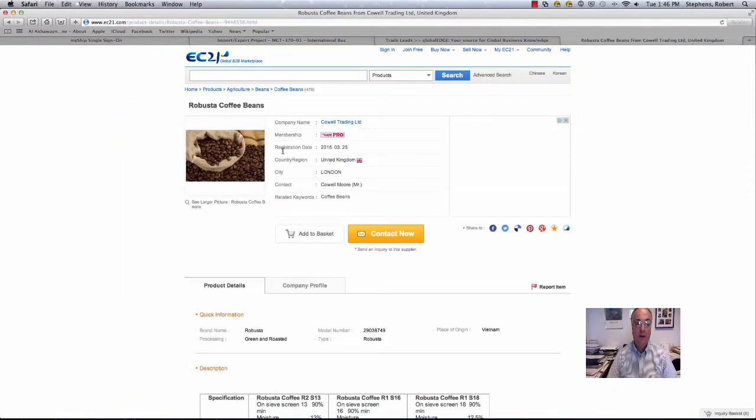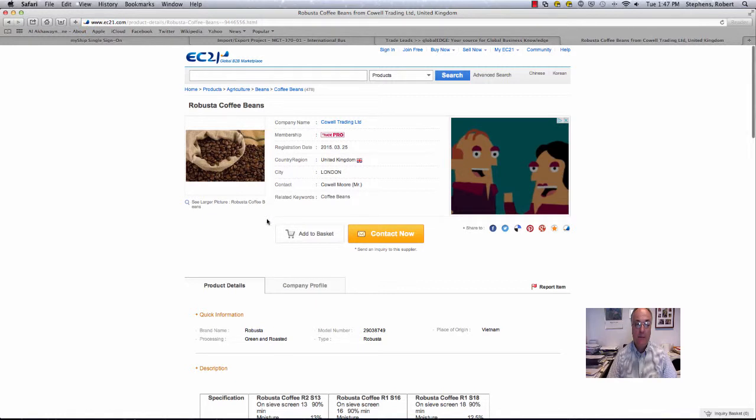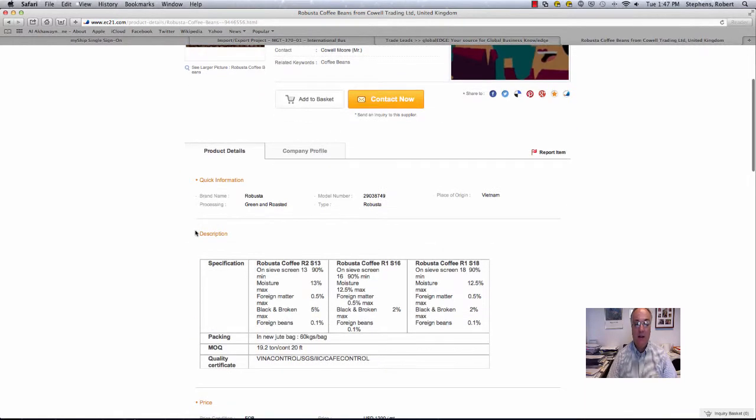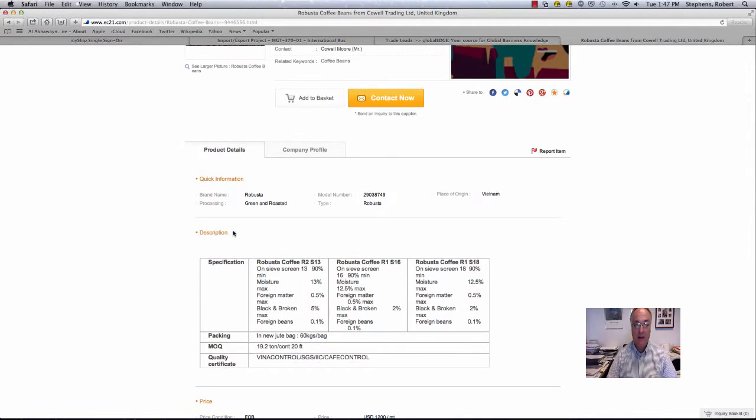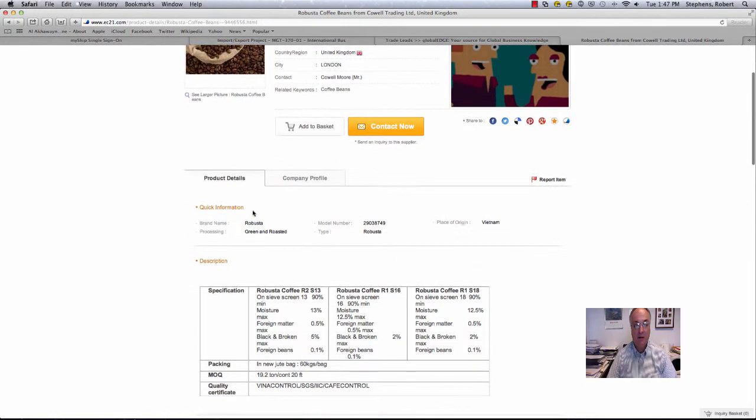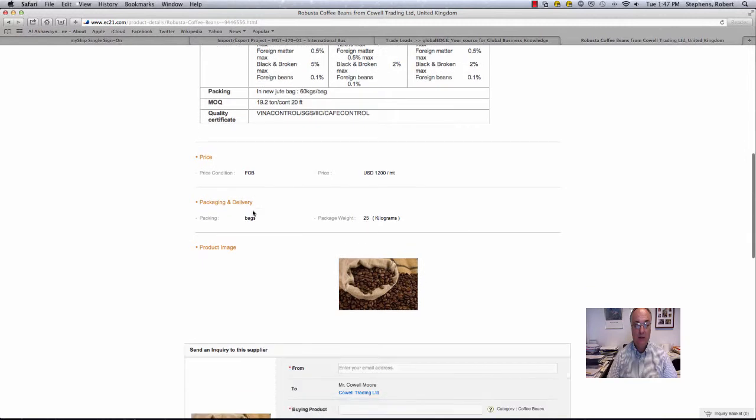And this one, the person is actually in the UK. It's a trading company in the UK that has these Vietnamese coffee beans for sale. Has the specifications here. They are green and roasted, so I guess you can get them either green or roasted. It lists a price of $1,200 per metric ton.